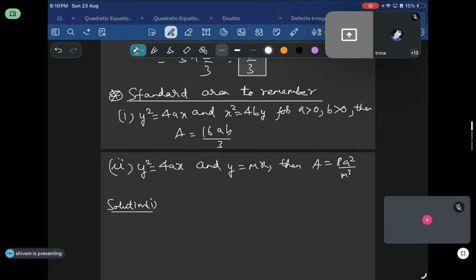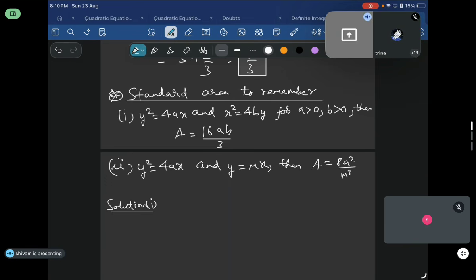Wait, I am telling you. Over here, I am taking y square equal to 4ax and a straight line passing through the origin, because the vertex of the parabola is at origin. Are you getting? So that is why in the standard form, this is the area you are going to get. Clear?